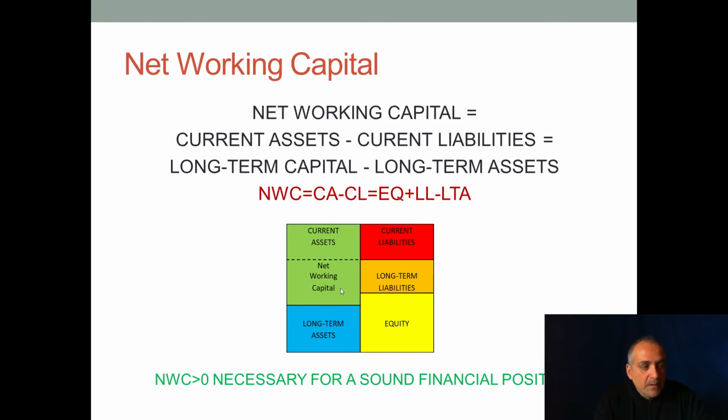On the other side, if we have a "margine di struttura" type of look at the company, we have equity, "mezzi propri", and on the other side long-term liabilities, debt that matures over 1 year from now. So the sum of "capitale permanente", basically equity plus long-term capital, less the value of long-term assets, gives you the same result as before, i.e. net working capital.